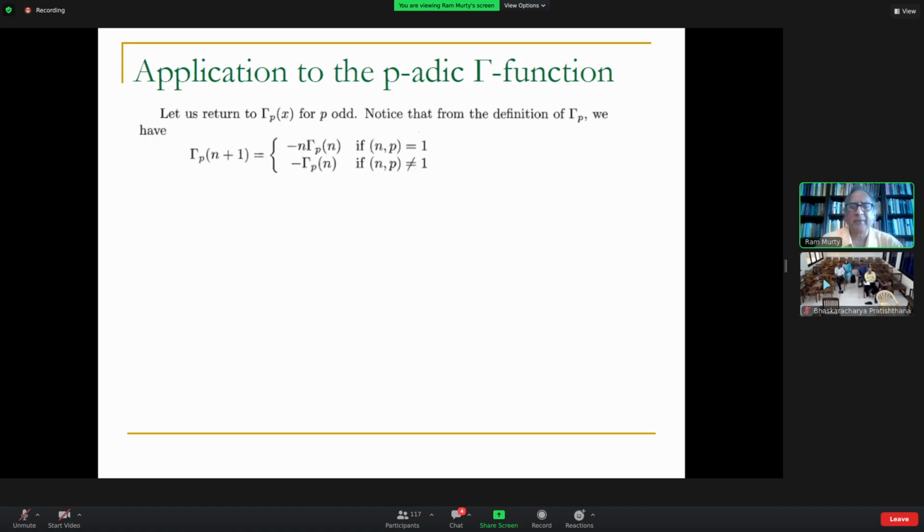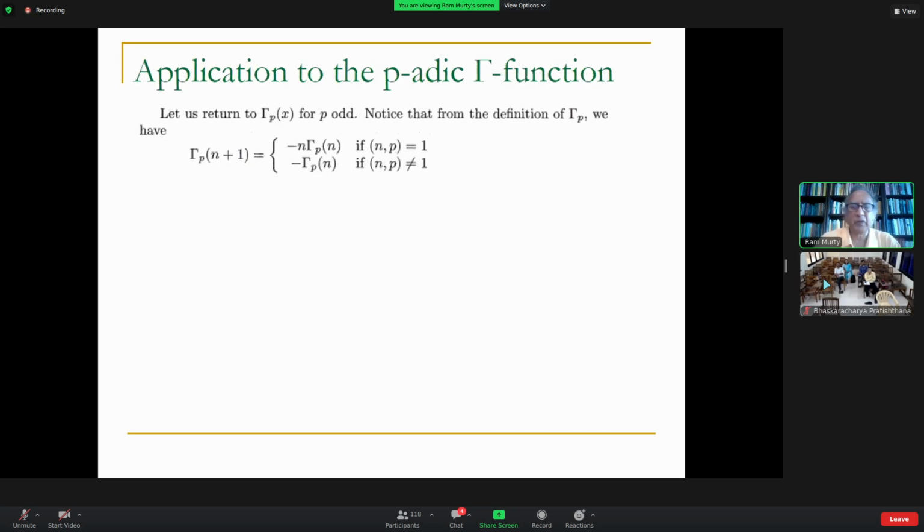From the definition, we have that gamma p of n plus 1 is minus n gamma p of n if n and p are relatively prime, and minus gamma p of n if n and p are not relatively prime. Remember what gamma p was? Gamma p of n was the product of the j's less than n which were coprime to p, and then there was a minus 1 to the n as a sign in front.